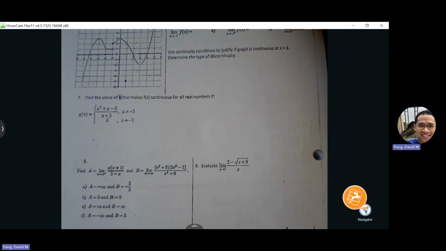Okay, page 22. See if we can do the entire page here, page 22.